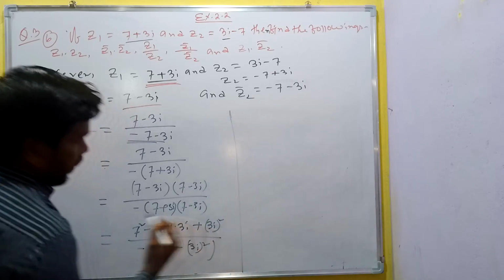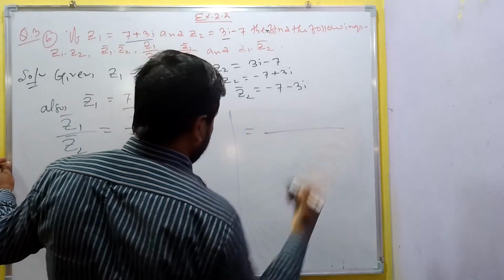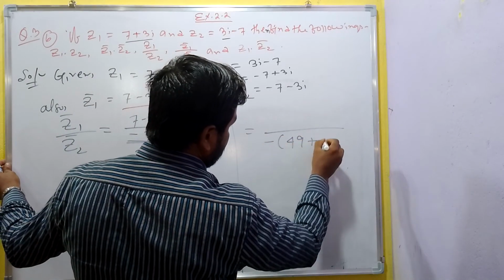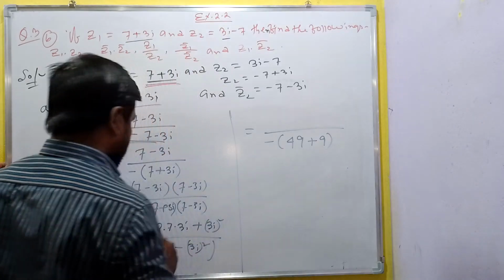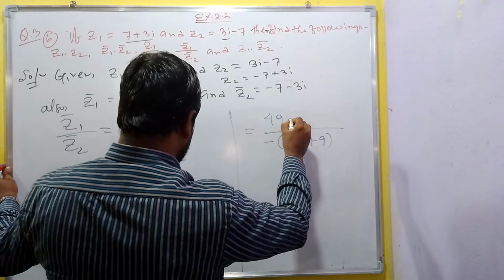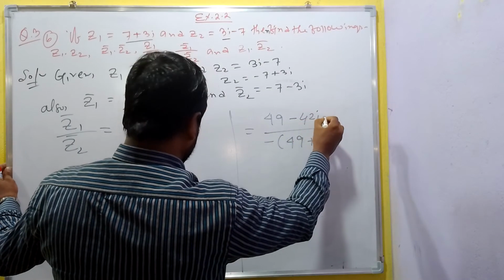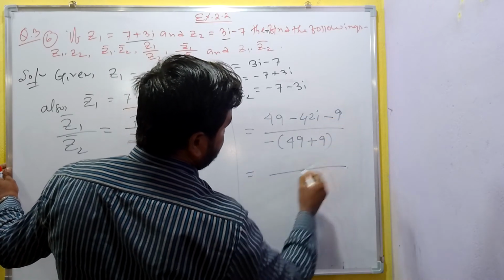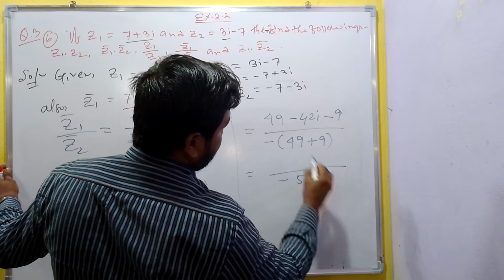So 49 minus 42i minus 9 in the numerator, and minus 49 plus 9, that is minus 58, in the denominator.